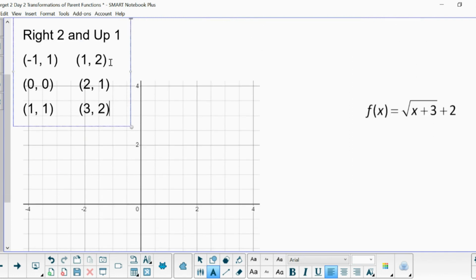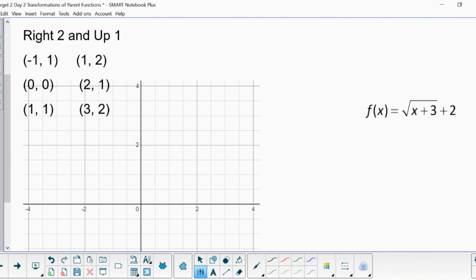So I'm graphing these 3 points. So I'm going to plot 1, 2, 2, 1, and 3, 2. So there is my new absolute value graph that's been shifted.